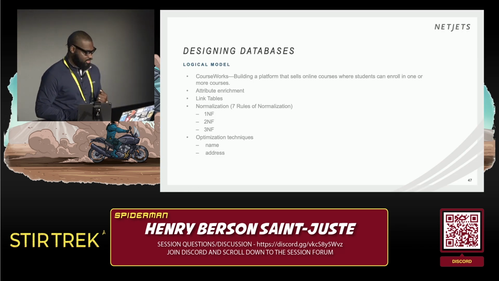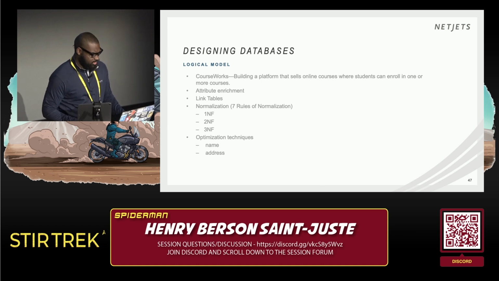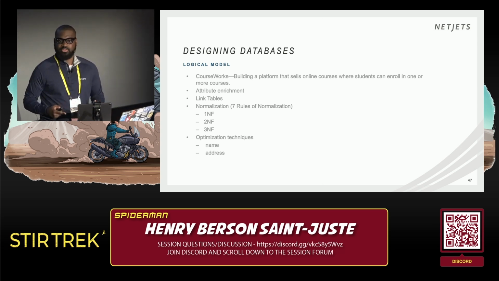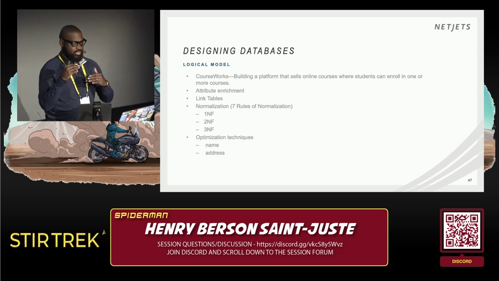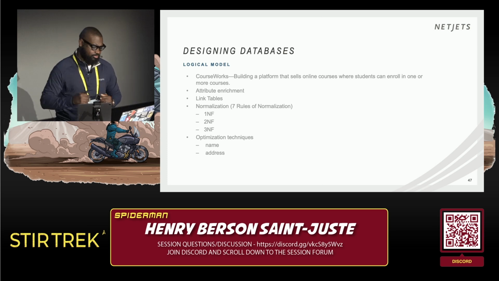The next step is your logical model. With the logical model, this is when you start introducing your link tables or pivot tables. This is when you also look at normalizing your data, right? Looking at which information can be in this table and which information needs to be segregated out to another table.